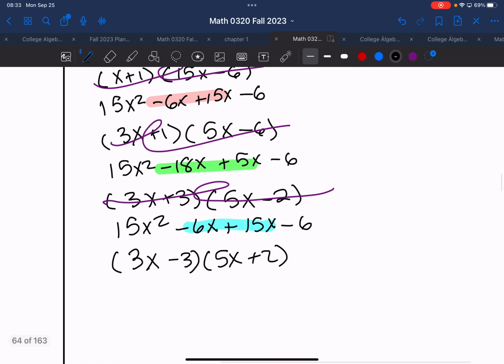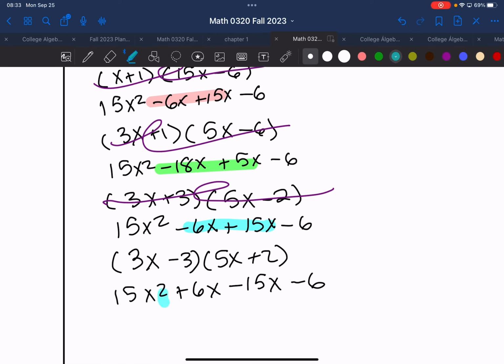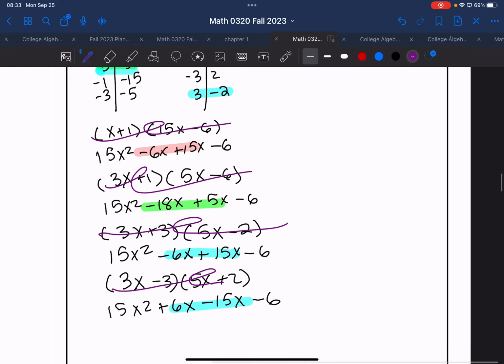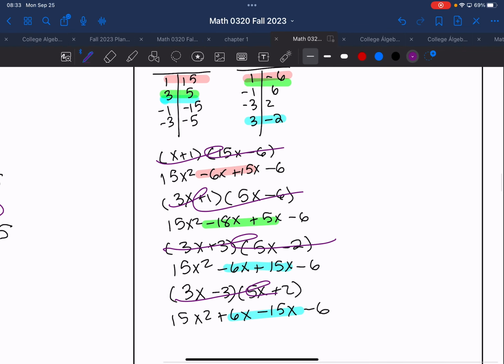Let's see how that changes when we FOIL it out. So we have 15x squared plus 6x minus 15x minus 6. Will that give us a positive x? No. So based on everything we just did, anyone have any guesses of what we should try next?